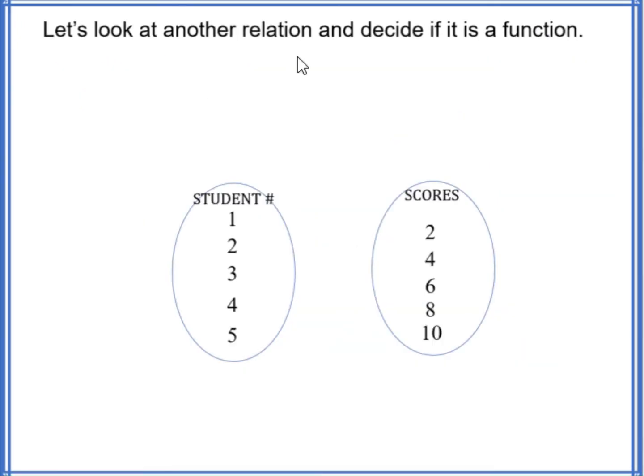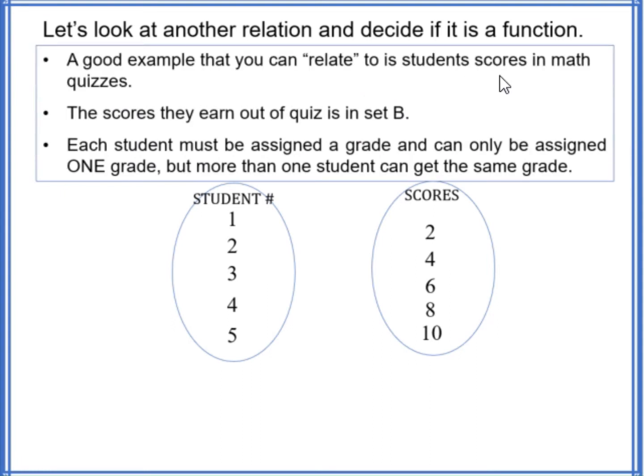Let us look at another relation and decide if it is a function. Halimbawa nito ay ang score ng estudyante sa isang quiz sa math. Ang nasa set B ay ang score ng estudyante, at ang student number naman ay nasa set A. Bawat isang estudyante ay meron lang isang grade na dapat na lumabas, pero ang maraming estudyante pwedeng makakuha ng parehong score.